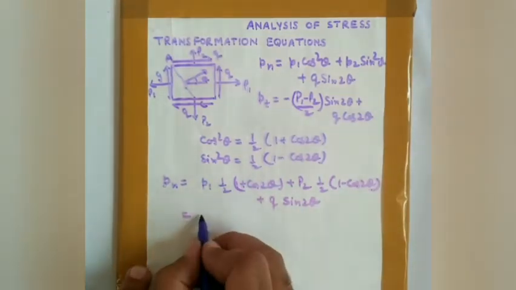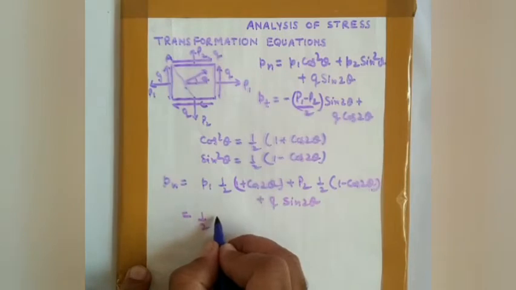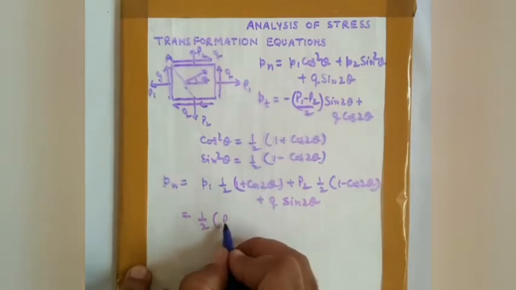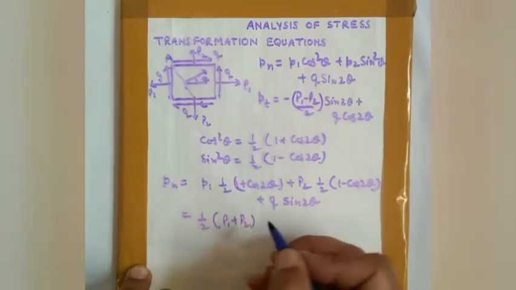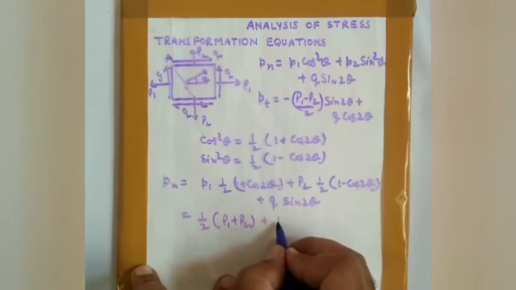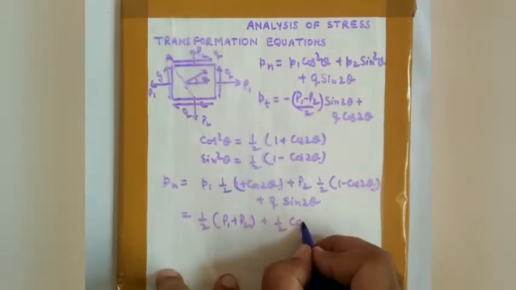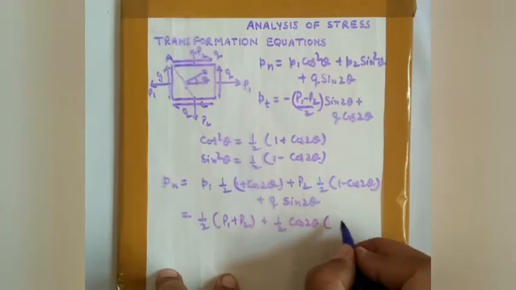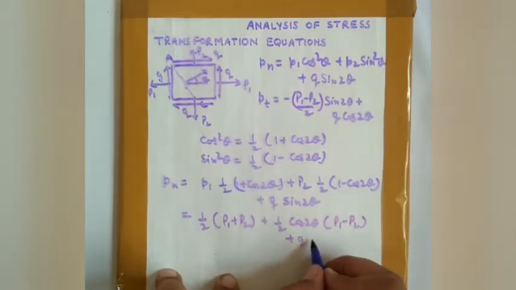This gives us 1 by 2 (P1 plus P2) plus 1 by 2 cos 2 theta (P1 minus P2) plus Q sin 2 theta.